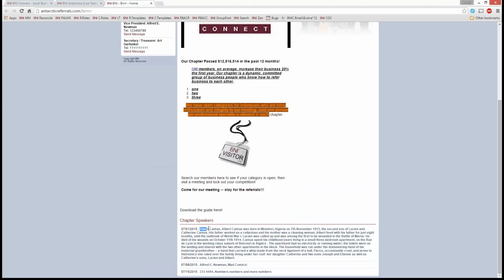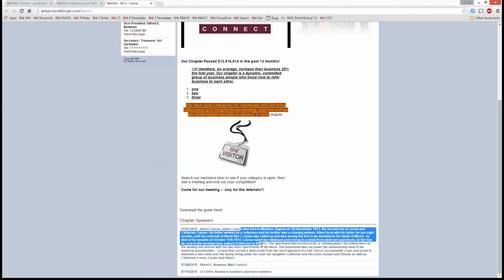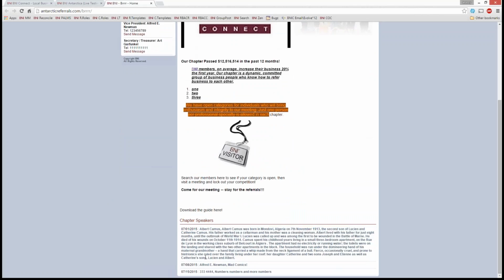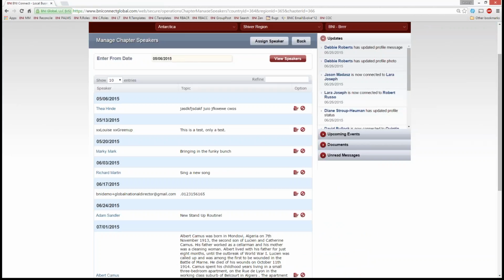So I have Albert Camus speaking and all the stuff that he's speaking about on the 1st. On the 8th is Alfred E. Newman. And the one that I just put in, you can see that the chapter website was automatically updated with 333-4444, and he's going to be talking about numbers, and more numbers. So that's another reason to enter the speakers here in BNI Connect.